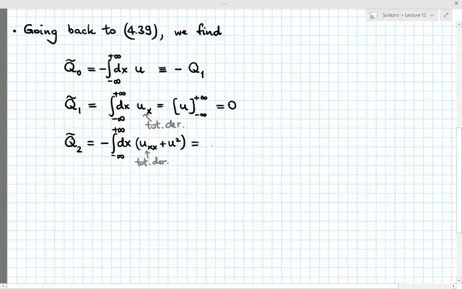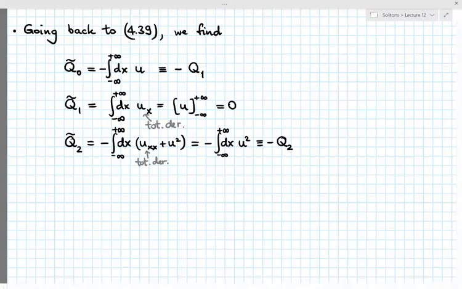And so we're left with minus the integral over x, from minus to plus infinity, of U squared. And this is nothing but the negative of the second conserved charge of the KdV equation that we interpreted as the horizontal momentum of the wave.